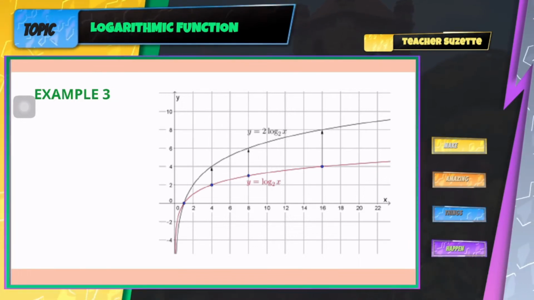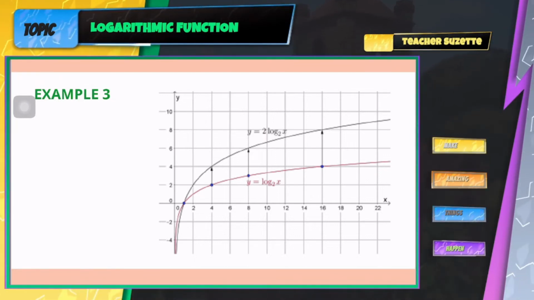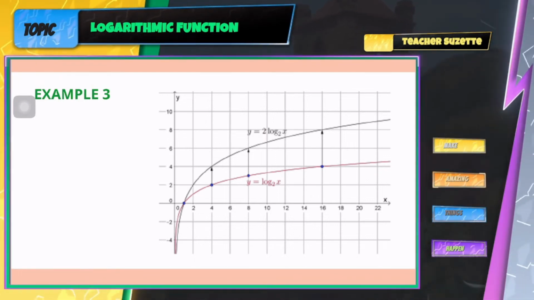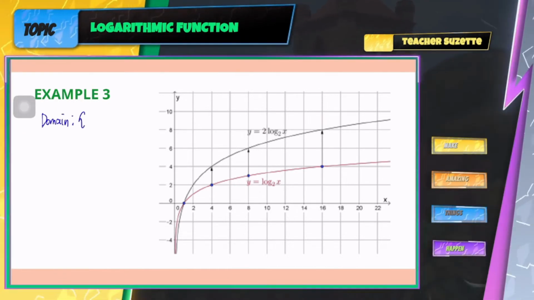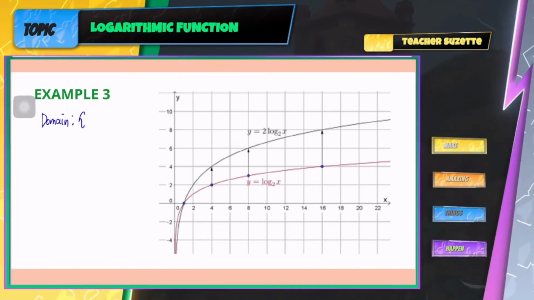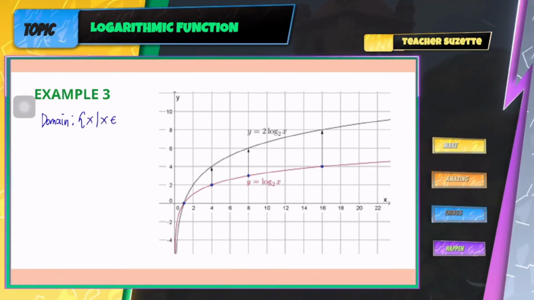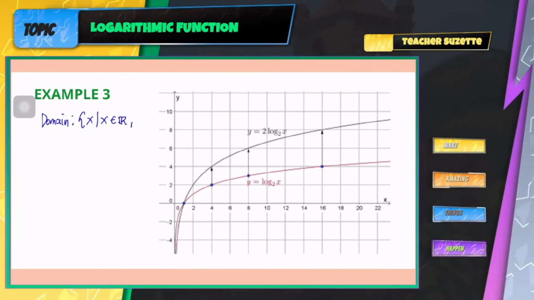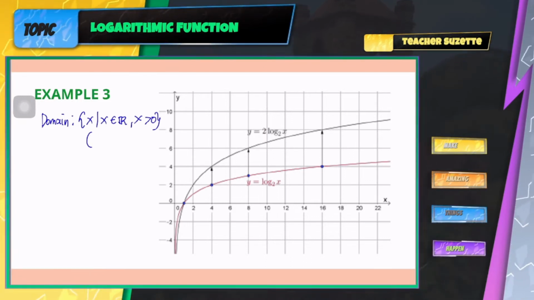Now, let's analyze the graph by finding the domain, range, vertical asymptote, intercept, and zeros. So first, let's have the domain. Again, just by looking at the graph, we can simply identify that our domain are the set of all positive real numbers. So we will have x such that x is an element of a real number and x is greater than 0, or in interval form, that is 0, positive infinity.